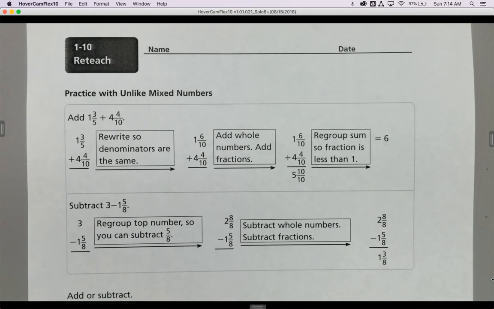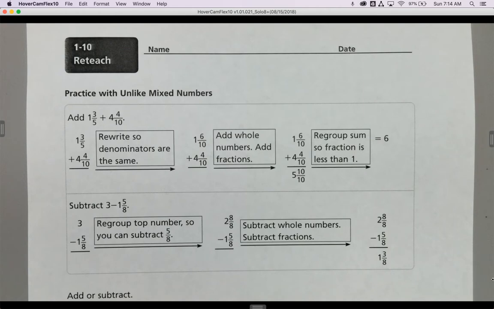You need to understand equivalent fractions. You need to understand the concept of a common denominator. Even after you rewrite the original fractions or mixed numbers with that common denominator, you sometimes may get an answer and then realize it has an improper fraction in it. You need to do regrouping to convert it into its simplest form.